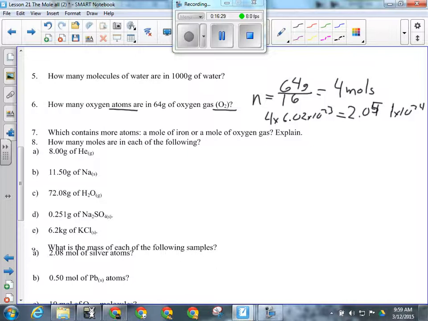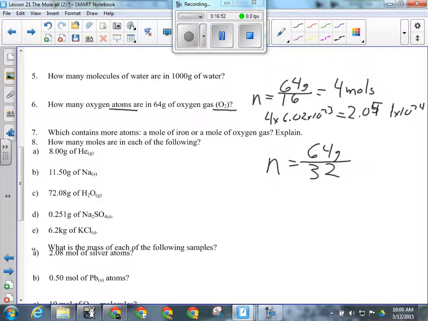Now, the way most people do this is they say n is going to be 64 grams, the mass, and then they divide that by the molar mass of oxygen molecules. You guys with me here? I'm now dividing by a number that's twice as large, so I'm going to get a number that's half as large, right?